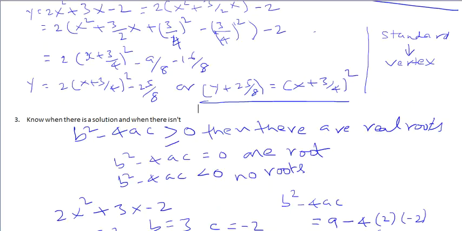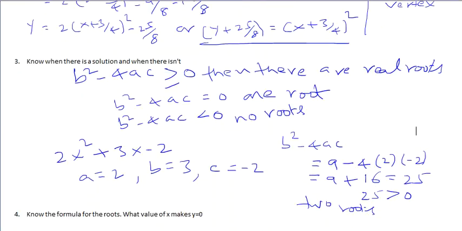So the condition is: if b² − 4ac is greater than or equal to 0, then there are real roots, it could be 1 or 2. If b² − 4ac is equal to 0, you have exactly one root. And if b² − 4ac is less than 0, you have no real roots, that's called complex roots. Essentially that's when the parabola doesn't cross the x-axis.